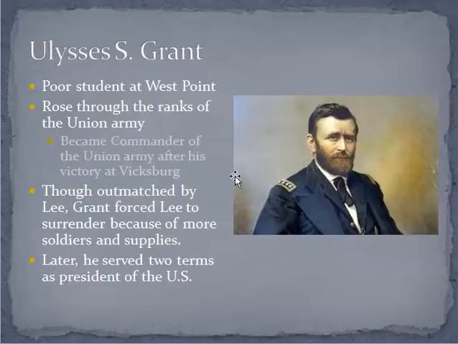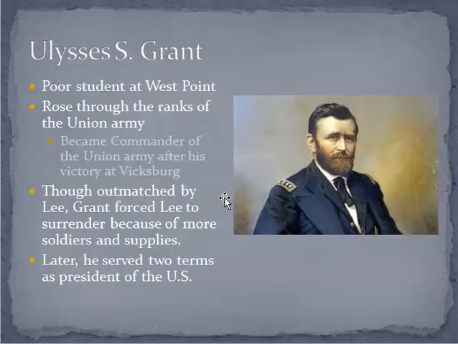Now, his counterpart, especially in the later part of the Civil War, was a guy named Ulysses S. Grant. He was a poor student at West Point, which is a school for officers in the Army. He eventually rose through the ranks of the Union Army. He became commander of the Union Army after his great victory at the Battle of Vicksburg.